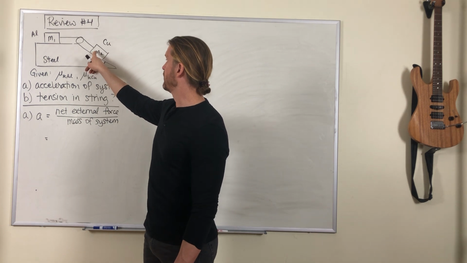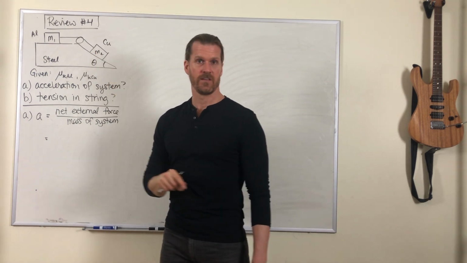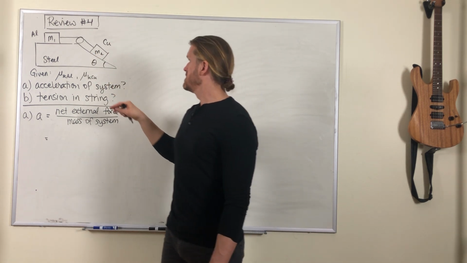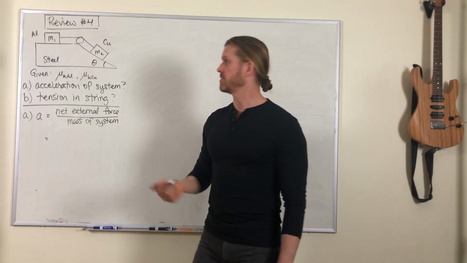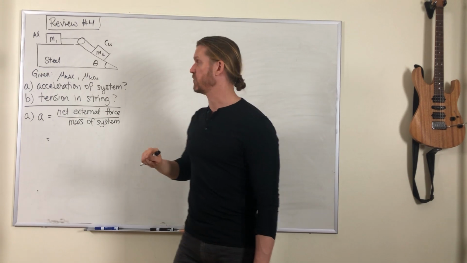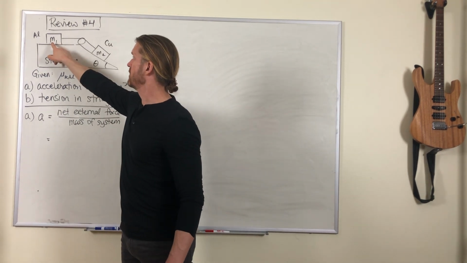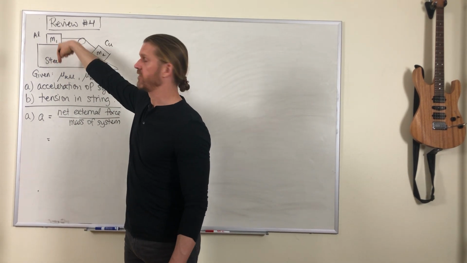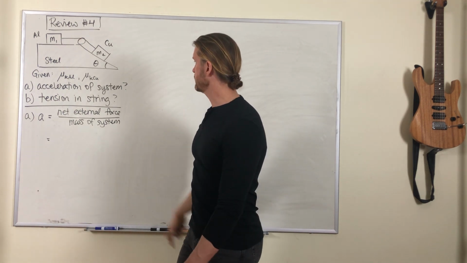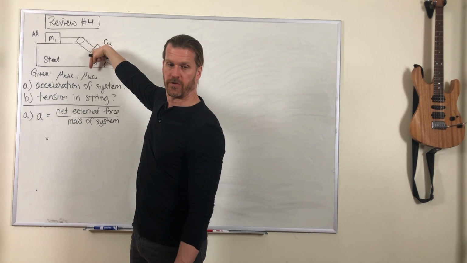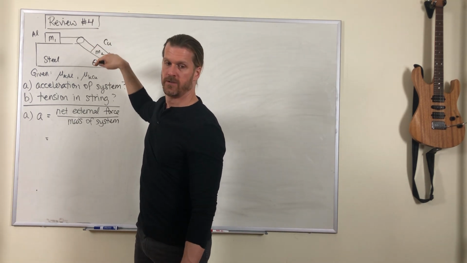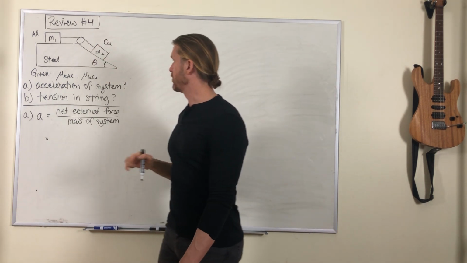And that is the gravity force pulling on M2. Nothing else will make the system go faster. Only gravity on M2. Gravity acting on M1 doesn't really have any effect because it's pointing straight down. But gravity on M2 points straight down, but there's a component along the slope.